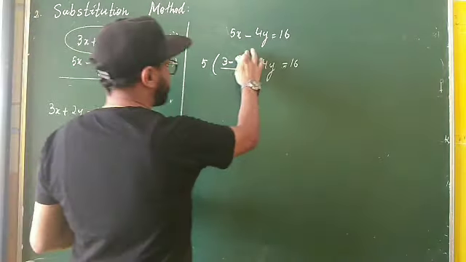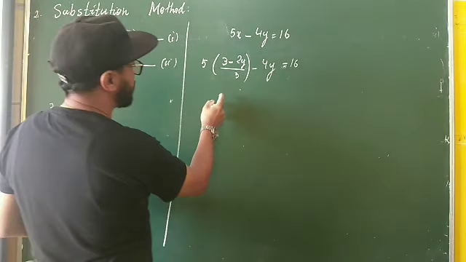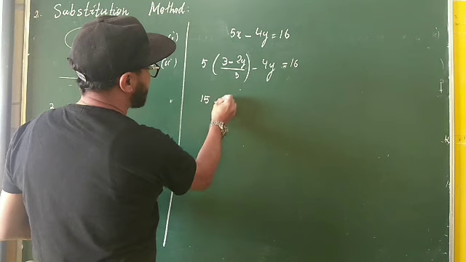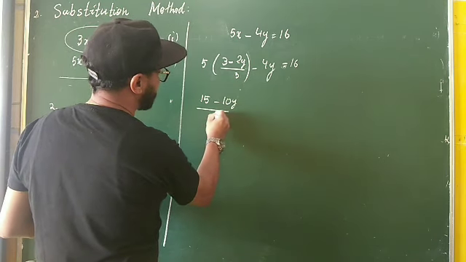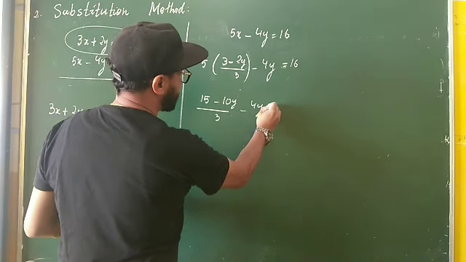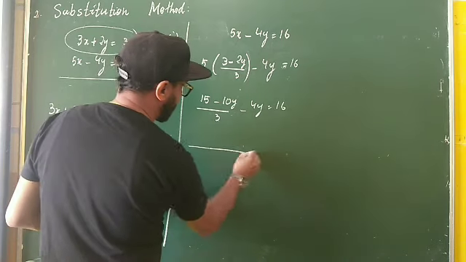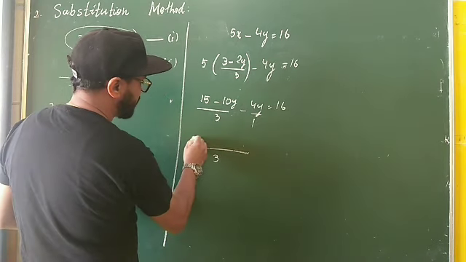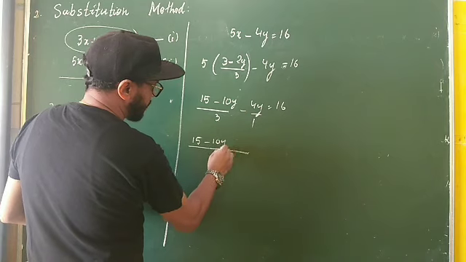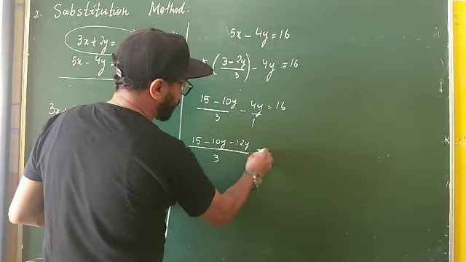Now let's solve it. This will be 15 minus 10y divided by 3, minus 4y is equal to 16. Now let's take the LCM. LCM is 3, so 15 minus 10y minus 12y is equal to 48.